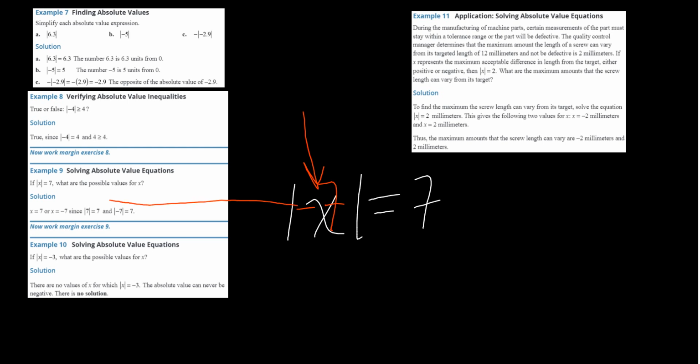But anyways, if the absolute value of x is equal to 7, what does this x have to be equal to? Okay, well, what has an absolute value of 7? Well, the first easy one is 7. That has the absolute value of 7, but the next one would be a negative 7, right? The absolute value of negative 7 is also 7. And of course, that's what we see here.